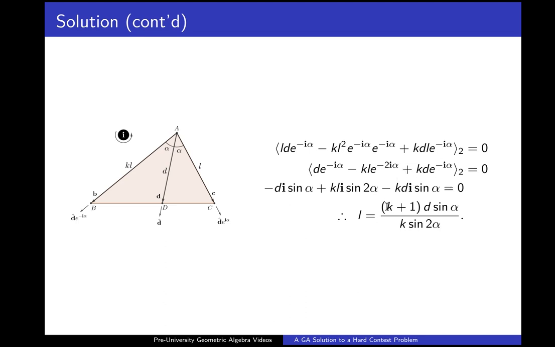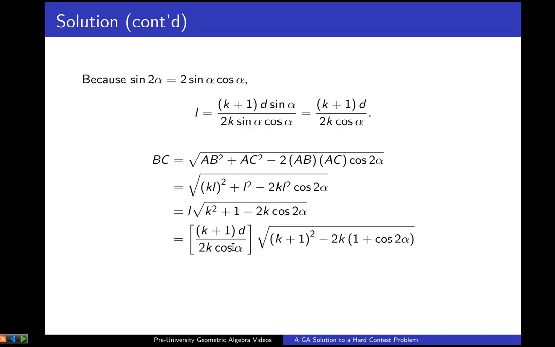So when we simplify all this, we come up with L, which is what we needed to find in order to use the law of cosines. L is (k plus 1) times d sine alpha over k sine alpha. Now, because sine 2 alpha is 2 sine alpha cosine alpha, L becomes just this.